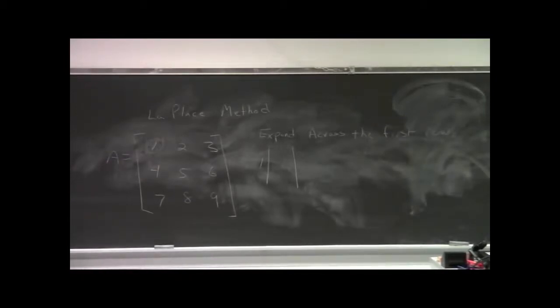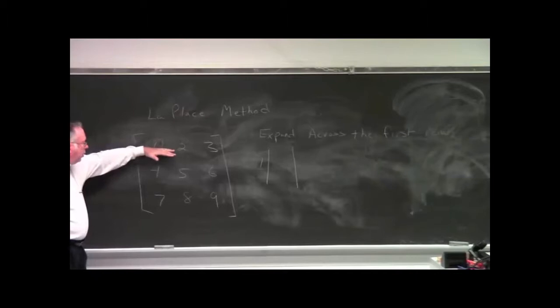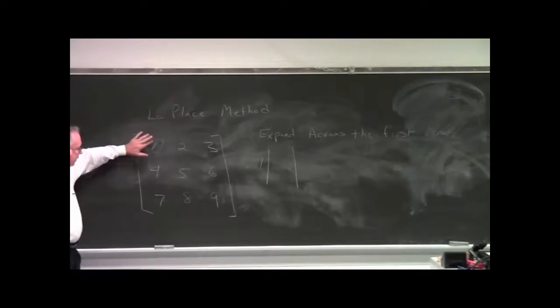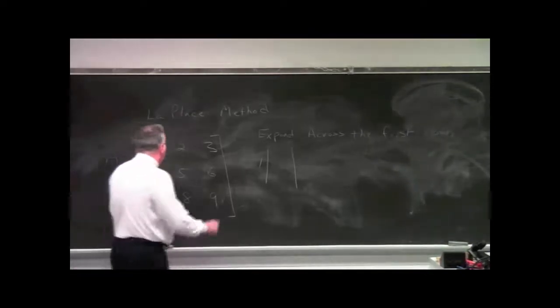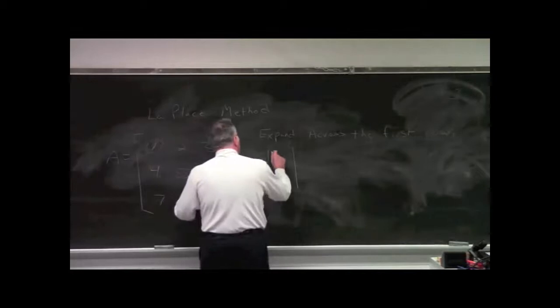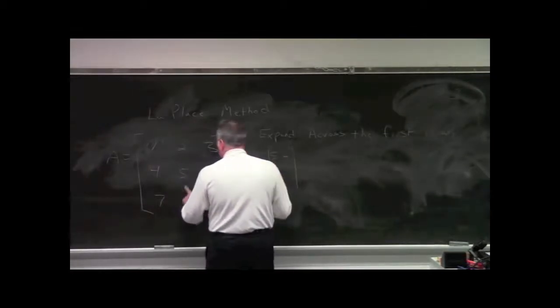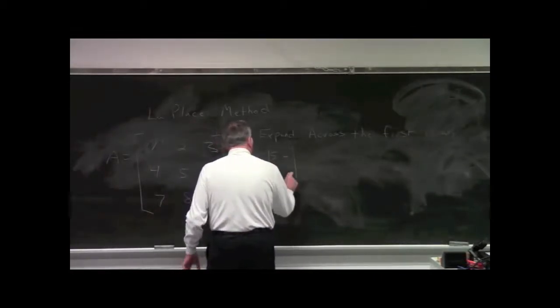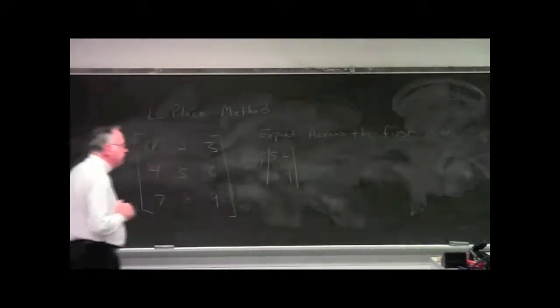The minor of this element right here is simply the determinant that's found if you delete the row and the column corresponding to this element. So the minor of this element would just be this. It would be 5, 6, 8, 9. Okay, that's the minor associated with that number 1.